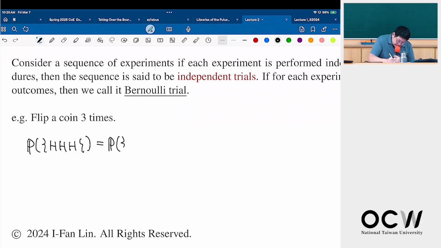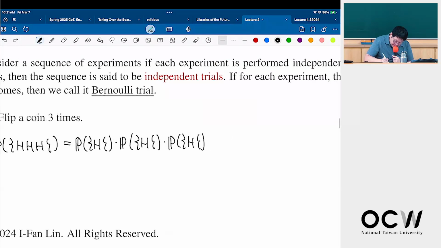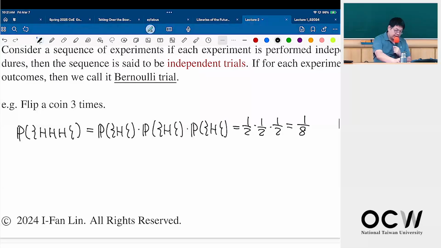Then I can separate each and find the probability and multiply together. So that'll be 1/2 times 1/2 times 1/2, and you get 1/8. And this is the Bernoulli trial.